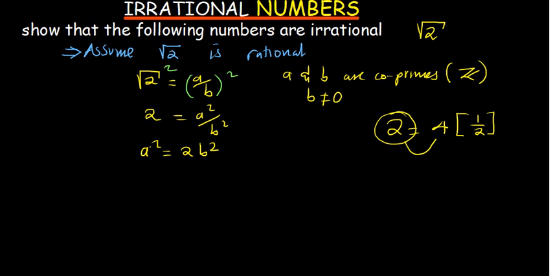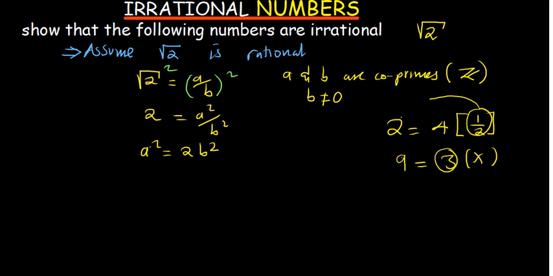If there is a number that I can multiply by 3 to get 9, that means this 3 is able to go into 9. If there's a number that I can multiply with half to get 2, that means half goes into 2. So if there is a number that I can multiply with 2 to get a squared, that means 2 goes into a squared.